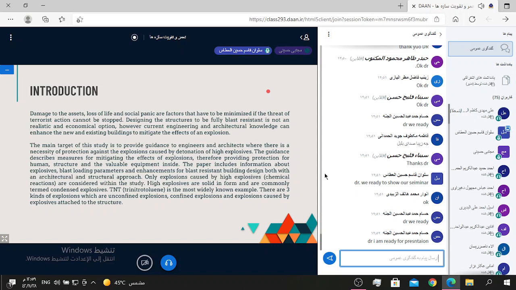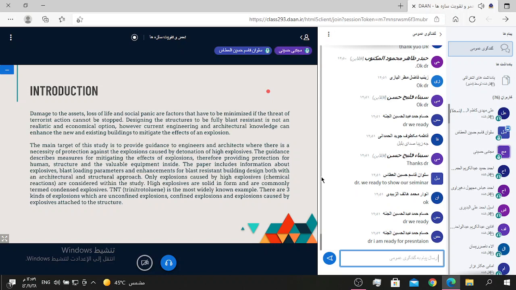However, current engineering and architectural knowledge can enhance new and existing buildings to mitigate the effect of an explosion. The main target of this study is to provide guidance to engineers and architects where there is a need for protection against the explosion caused by detonation of high explosives.